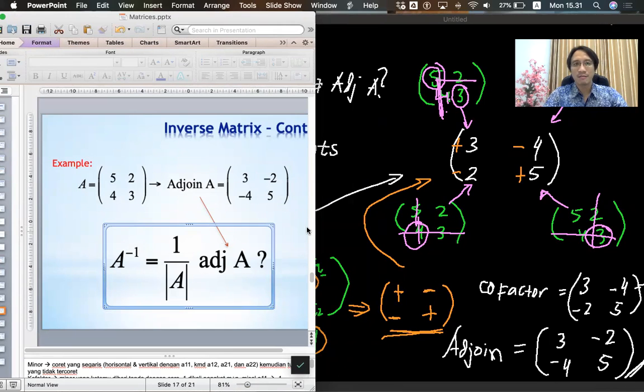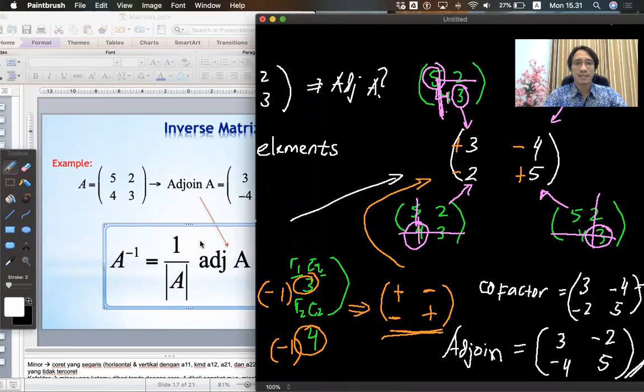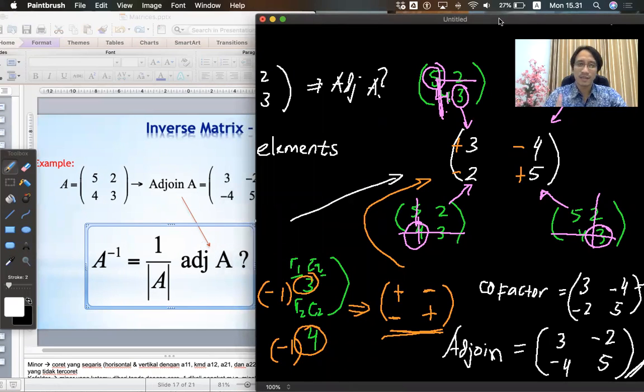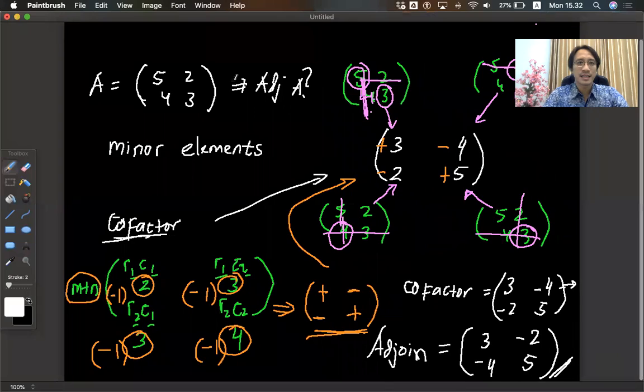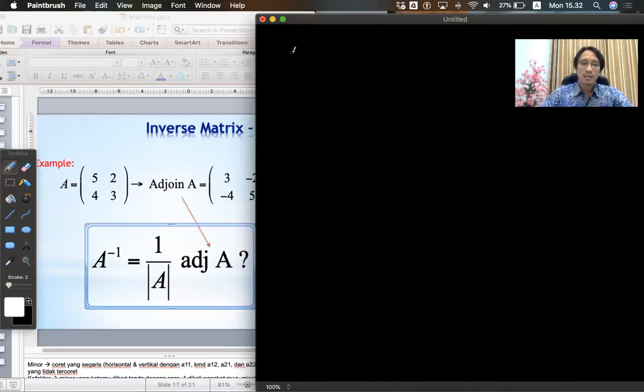And how to calculate the inverse then? The first thing to do is check first. To see whether the matrix has an inverse or not, we need to find the determinant of the matrix.